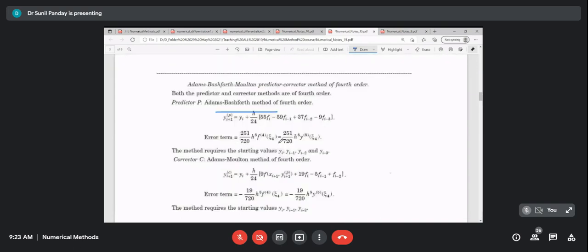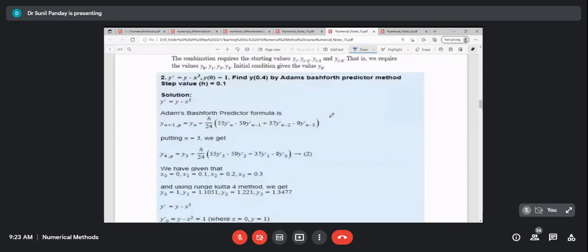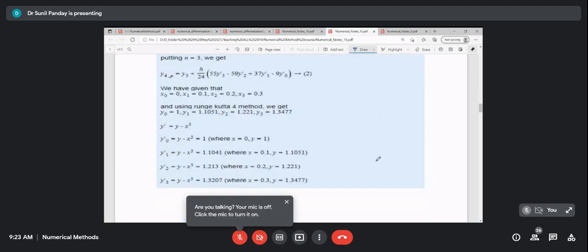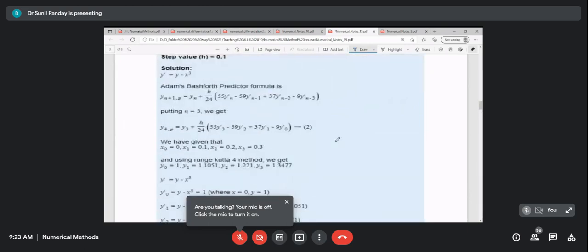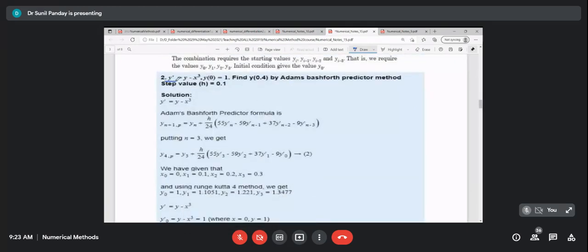This Adams-Bashforth fourth order method and Moulton, this is already discussed I think in earlier classes. I remember this one is also discussed, I think. Okay, let's see if it is not. So suppose this one is given and you have to use the Adams-Bashforth predictor method. The Adams-Bashforth predictor method is given by this, and then here you again substitute n equals 3, then you have this one.